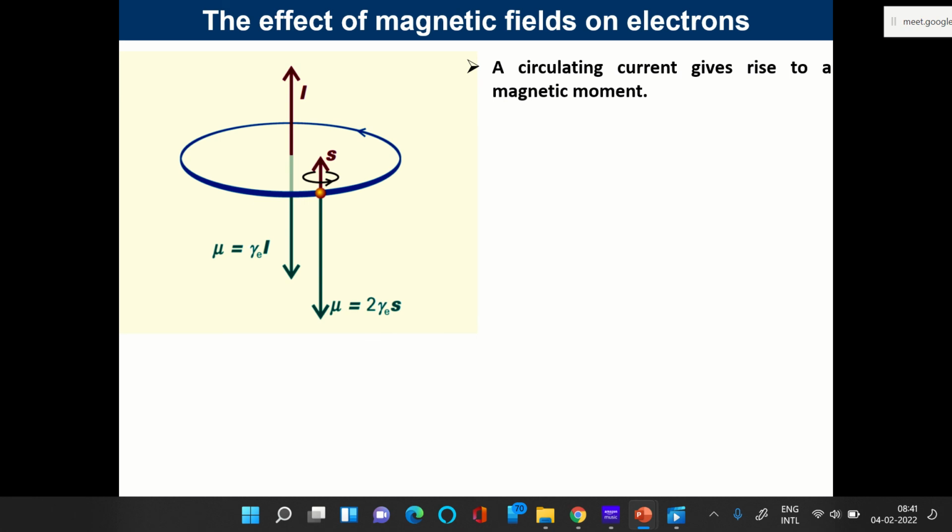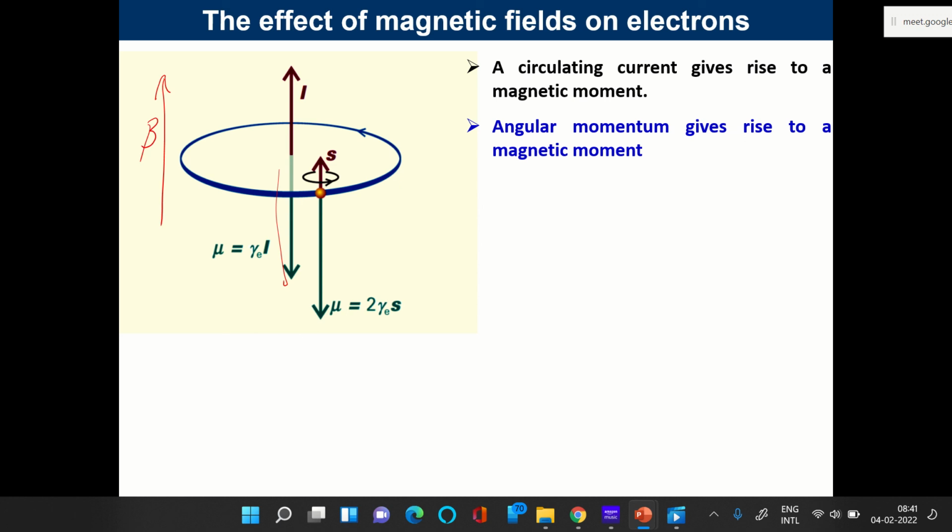Okay, so the first thing is that it is proportional. Because it is a negative charge, the direction is opposite. If this were a proton, the direction would have been the same. If this is the applied direction of the magnetic field, the dipole moment is like this.